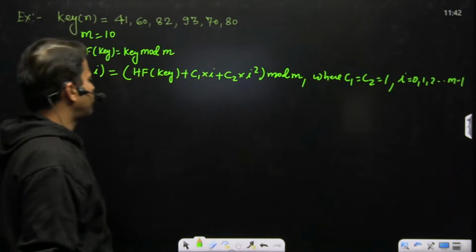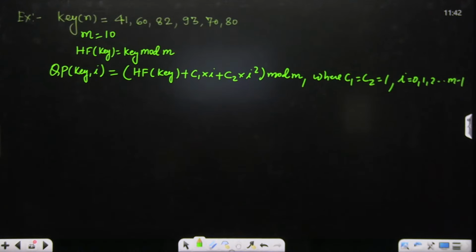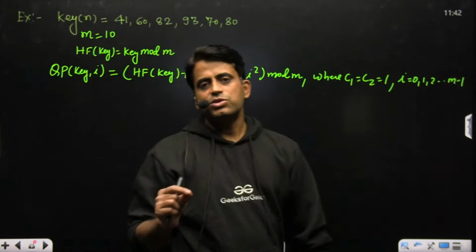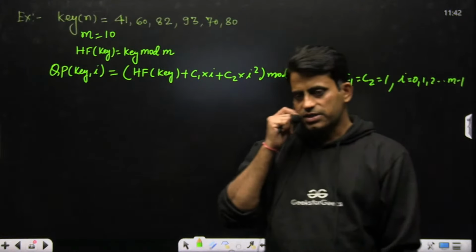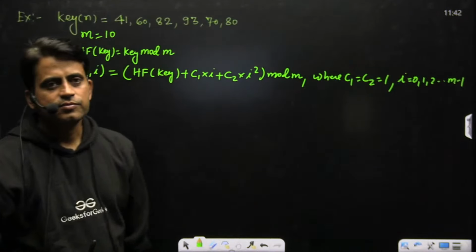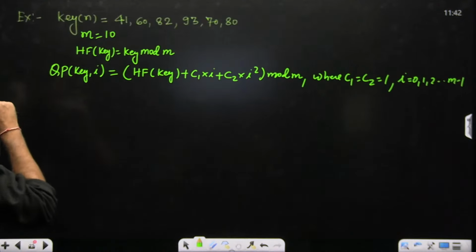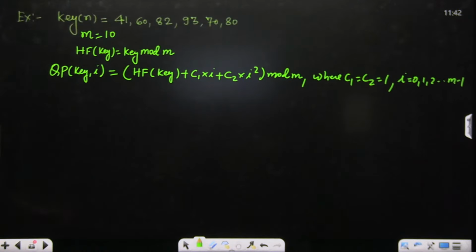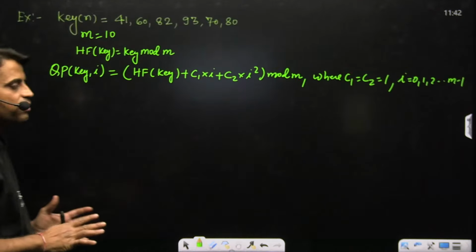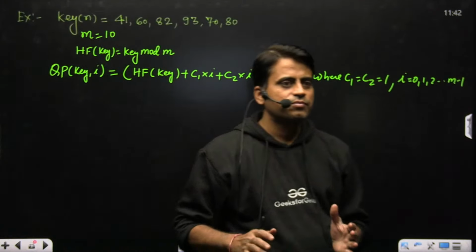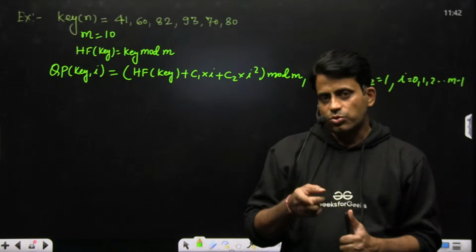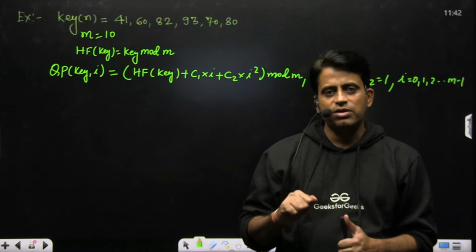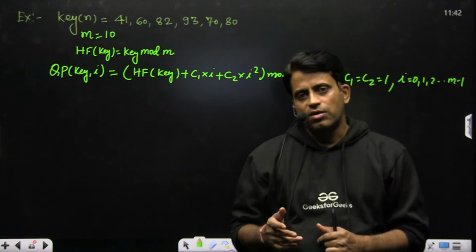Use quadratic probing formula and tell me. Construct the hash table and tell me, sir, where is 80 stored? Where is 80 stored, student? Tell me the hash index of 80. Is 80 stored or left out in the hash table? Understood? Can you store 80 in the hash table by using quadratic probing, or is 80 left out?